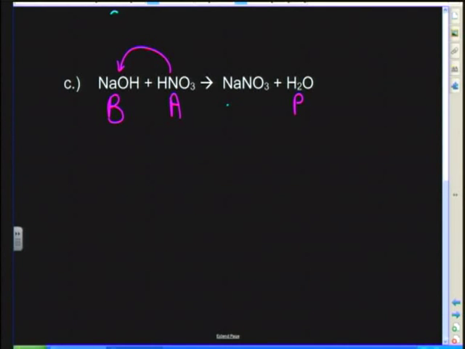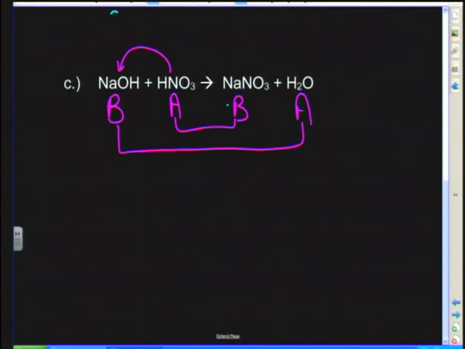Water here is going to be an acid. So sodium hydroxide's conjugate acid is water, which means nitric acid's conjugate base is sodium nitrate.